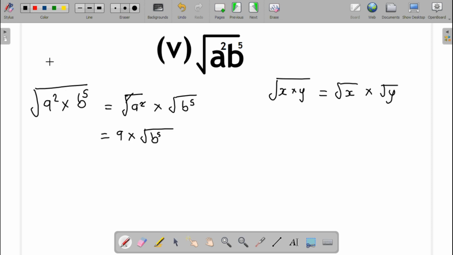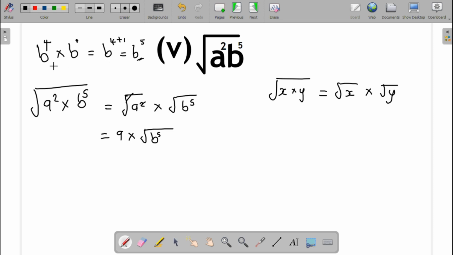Now if you say b raised to power 4 times b raised to power 1, right? Now this will be equal to b raised to power 4 plus 1. And this is right. This will become b raised to power 5, right? Following the rule of indices, if you have two similar bases, you pick one base and sum up the powers.